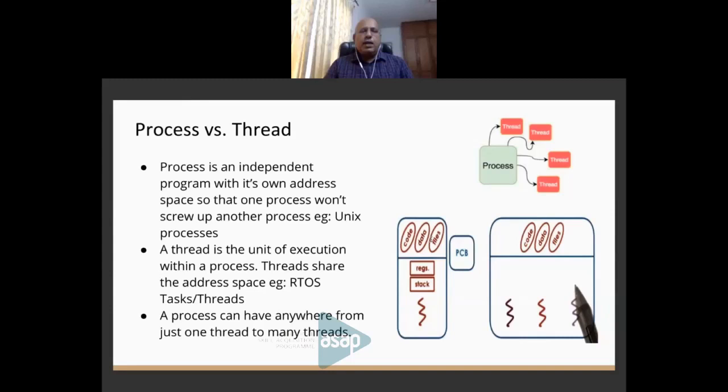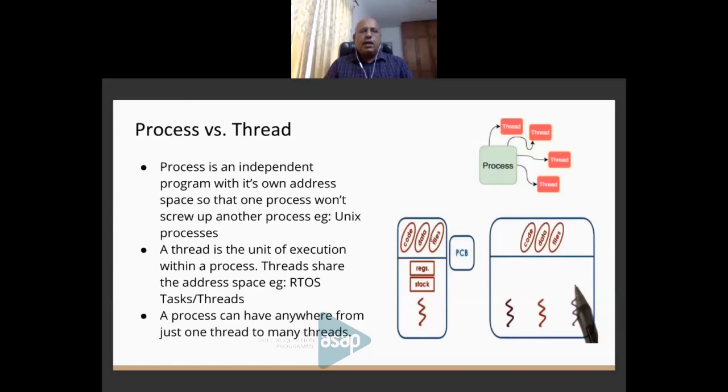But the thing here is that if one task, if you don't write it properly, screws up another task, the whole system will crash. So that is the problem on the right side. Whereas on the left side, processes, various application programs, as I discussed in Windows and Linux environment, run in their own address space. So they don't share things with each other through memory.